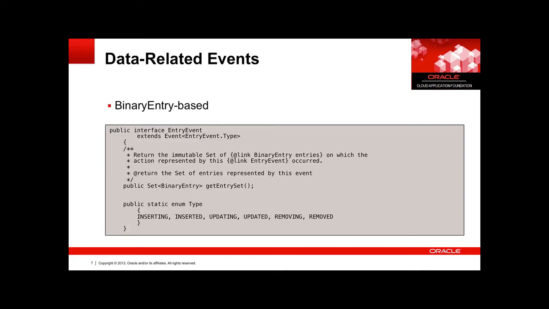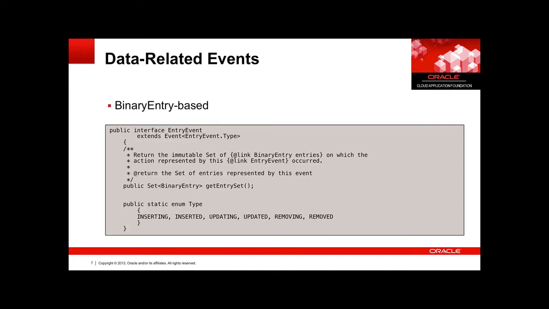Additionally, it's worth noting the difference between the pair of events under the entry event enum type. So here we have a pair which is inserting and inserted, and either one of the pair will be a pre or a post event. And whether it's pre or post can be inferred by the suffix of the type. So here the inserting event is a pre-event and the inserted event is a post event.